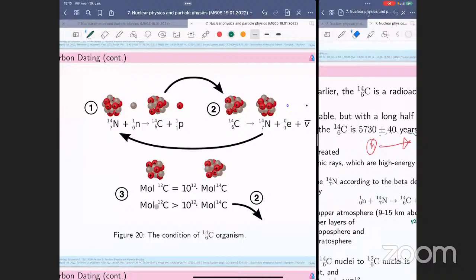you don't take in carbon 14 anymore, because you stop breathing. You don't need food anymore. Your body remains the same every day, right? Once that situation takes place, the amount of carbon 14 will decrease, will be reduced every day.